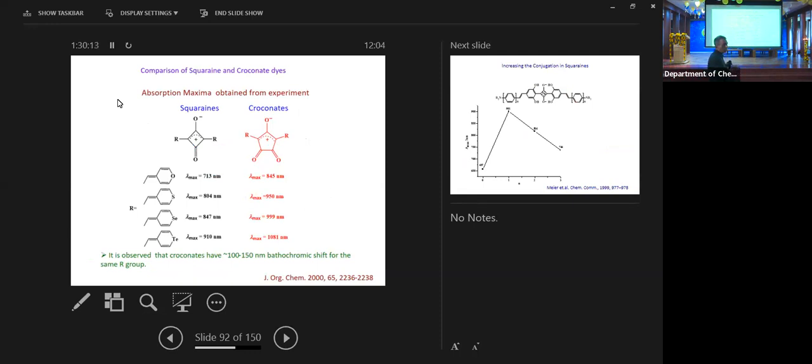You have heard of these molecules, I'm sure, right? Same substitutions, we find that croconaines always are 100 nanometers redshifted. Like if I have these heterocyclic rings here, this is 713 and this is 845 nanometers, 804, 950. And as you go to selenium, tellurium and all that, it goes from 910 to 1081.